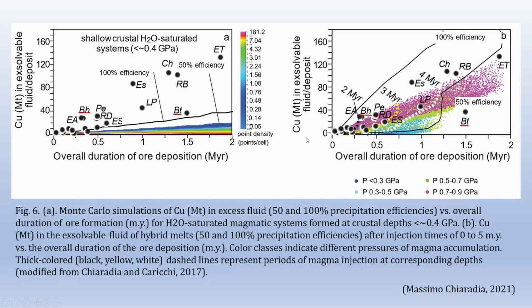Here again we have copper content compared to the overall duration of ore deposition. We have different deposits, and here we have color-coded depths of formation. You can see that small porphyries are located on the left side of duration.